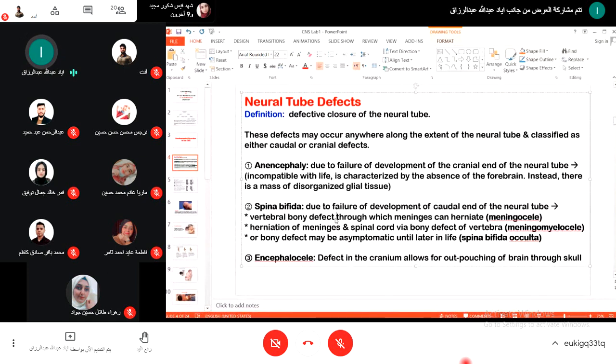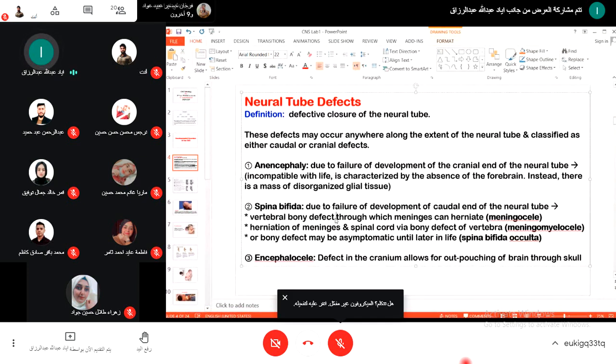When there is herniation of the meninges, it is called meningocele. When there is herniation of the spinal cord, it is called myelocele. When there is herniation of both the meninges and the spinal cord, it is called meningomyelocele. When there is no herniation of tissue, just a bony defect, it is called spina bifida occulta.